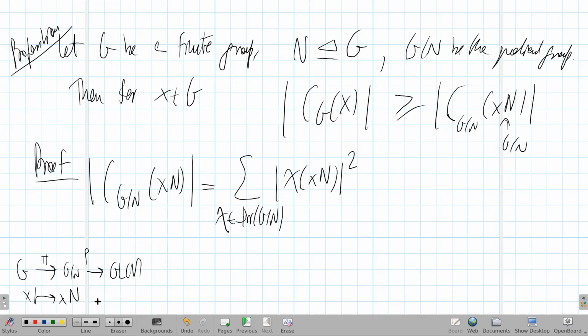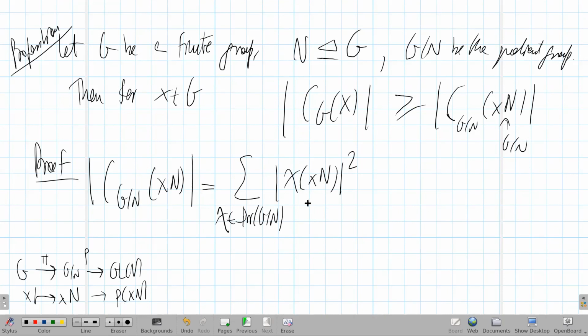So if we have an irreducible representation rho of G over N, you compose with pi, and then you obtain an irreducible representation of G, which simply sends x to rho of Xn.